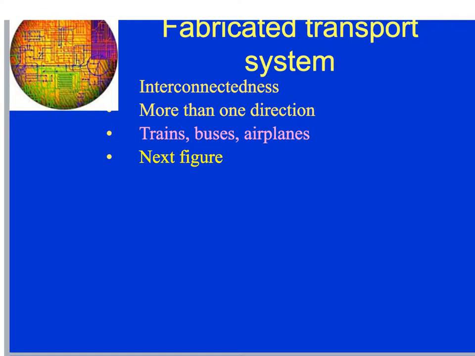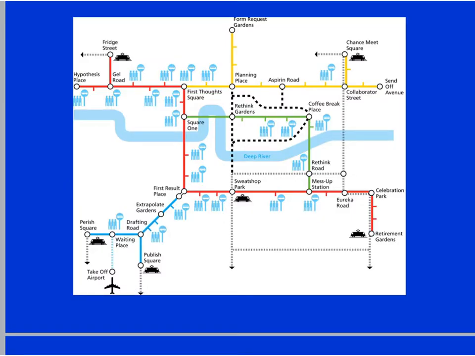An example could be this made-up figure from a book of a train and transportation map. You can see that you can have different ways to get to certain places based on the path you take, okay?